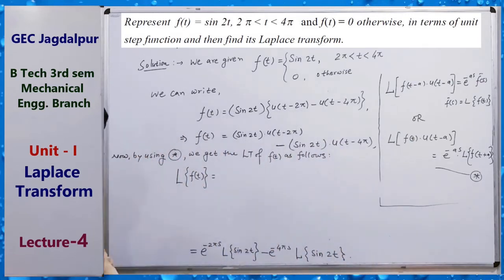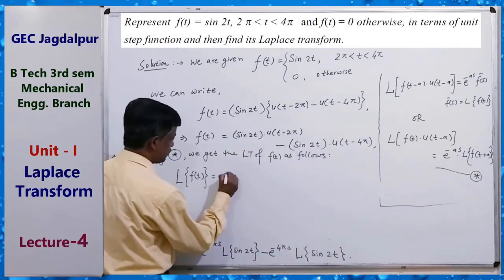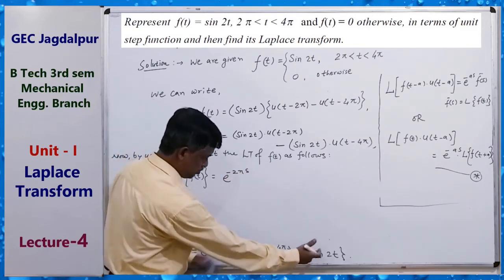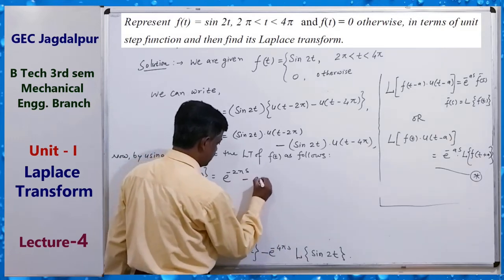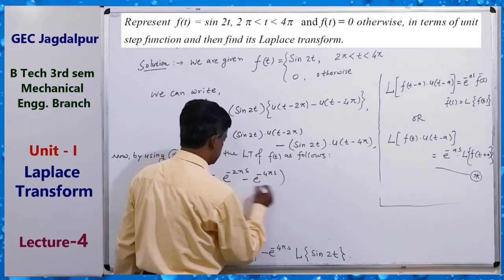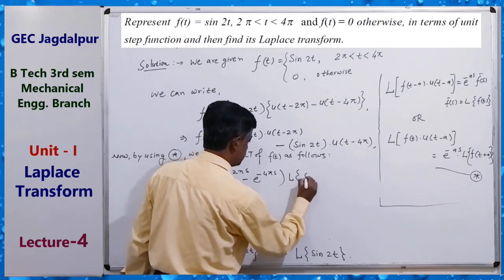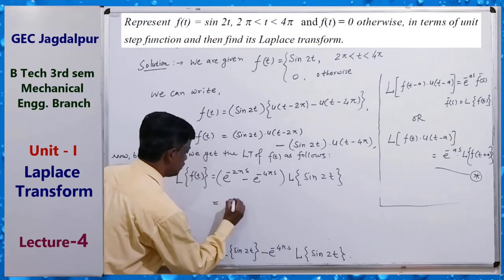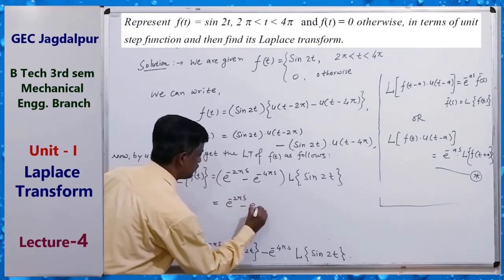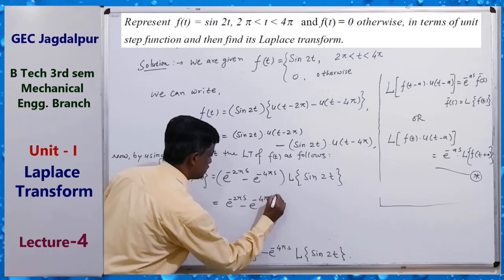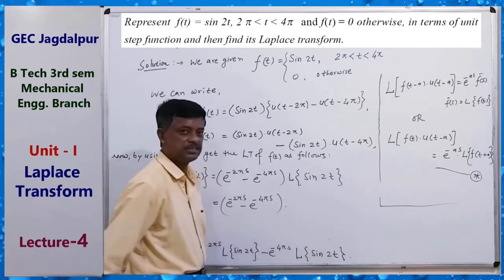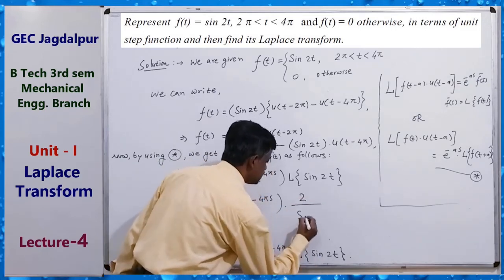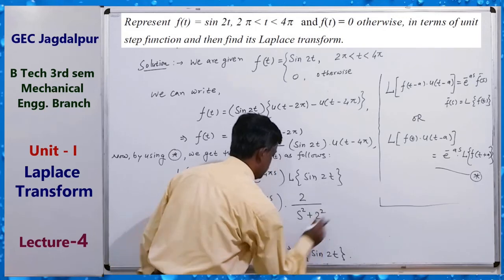So what will be the answer? It will be e to the power minus 2 pi s times the Laplace transform of sin 2t. Also both are common, so you can take common: minus e to the power minus 4 pi s times the Laplace transform of sin 2t. And you know the Laplace transform of this is equal to 2 upon s square plus 2 square.